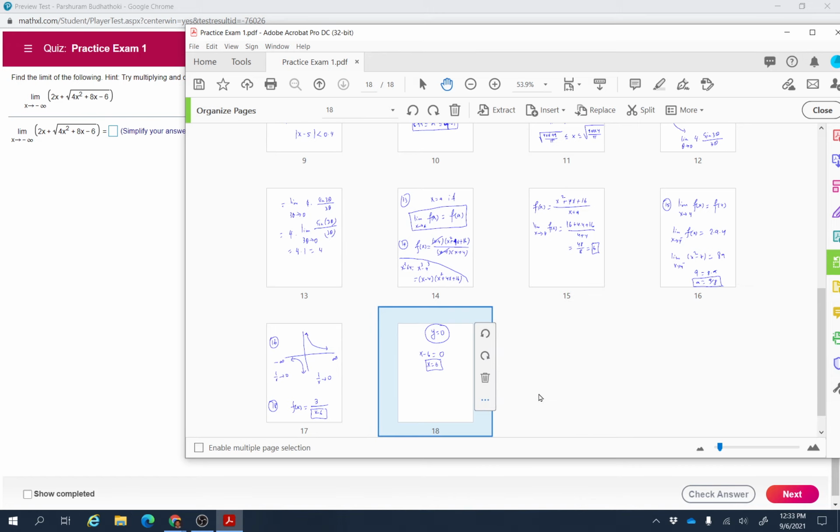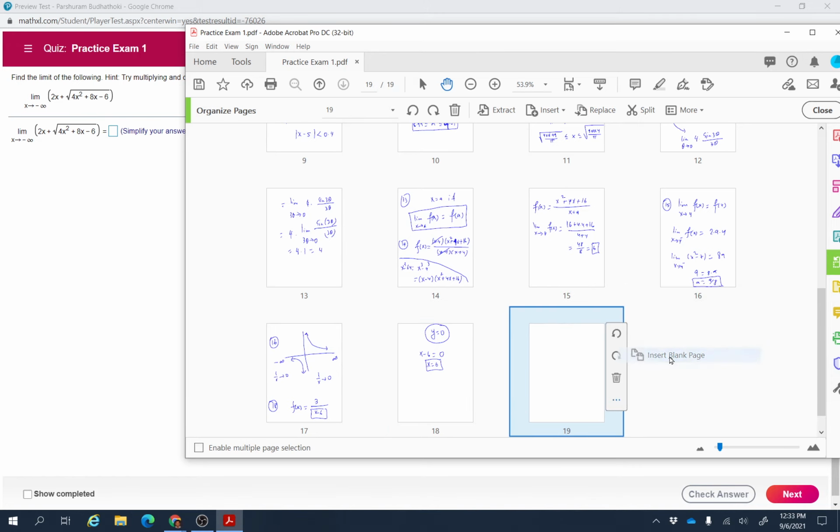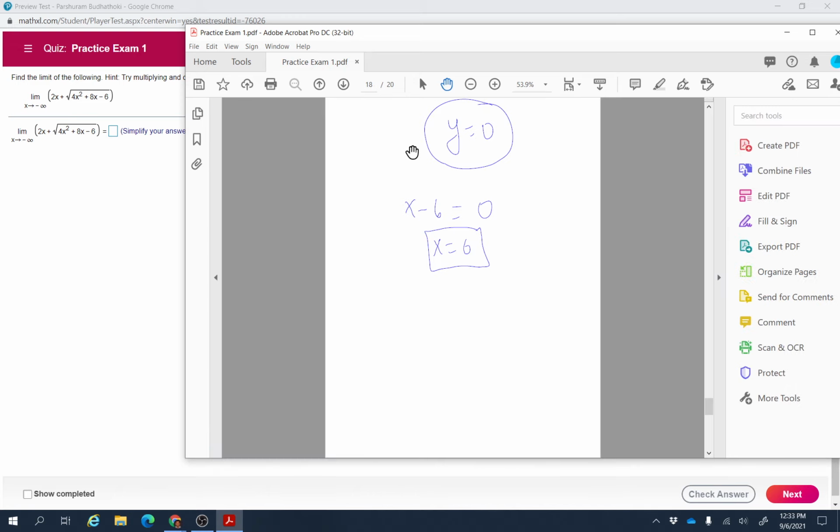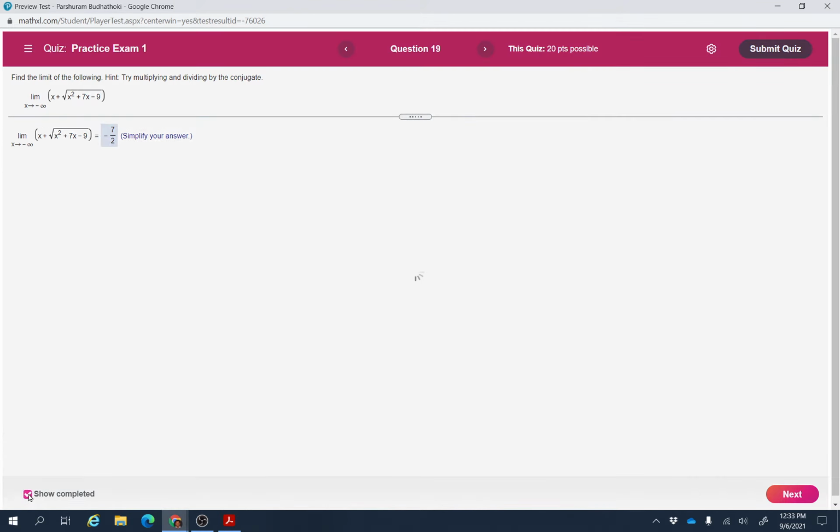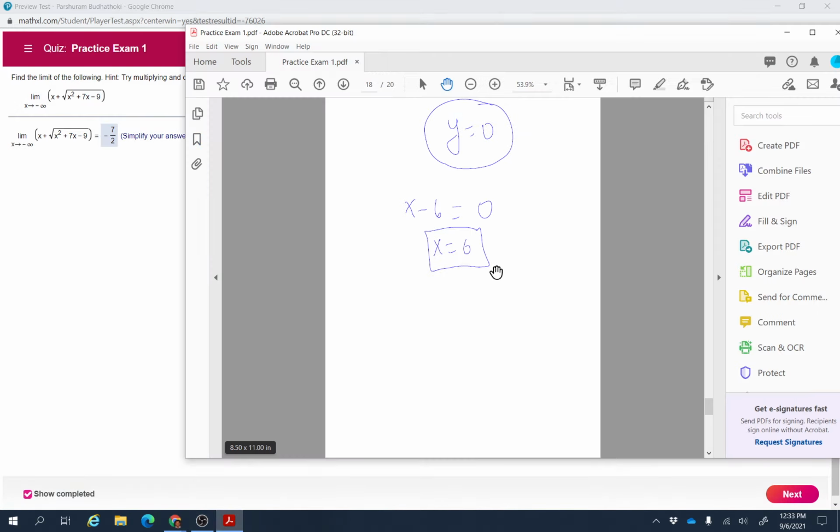So for this problem, let me use the completed work. If we multiply this by the conjugate, this is problem 19, I guess. 19: x plus the square root of x squared plus 7x minus 9.